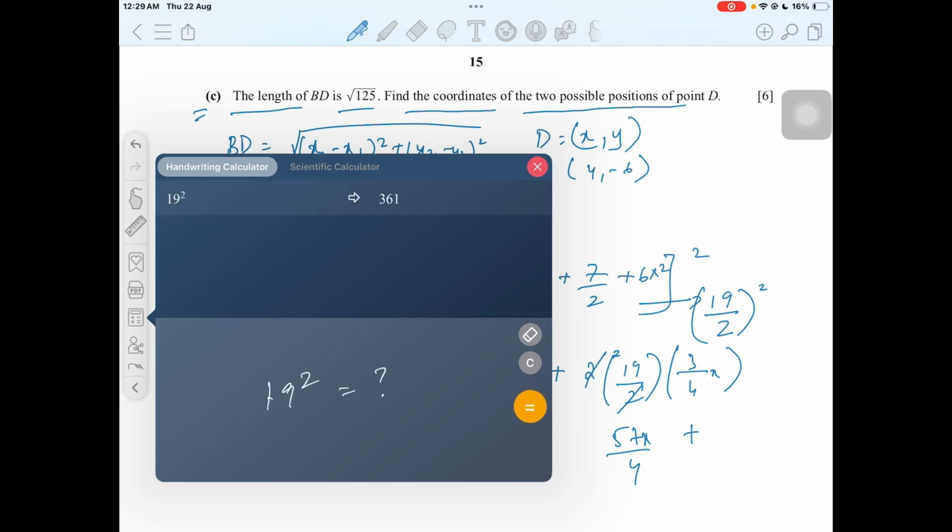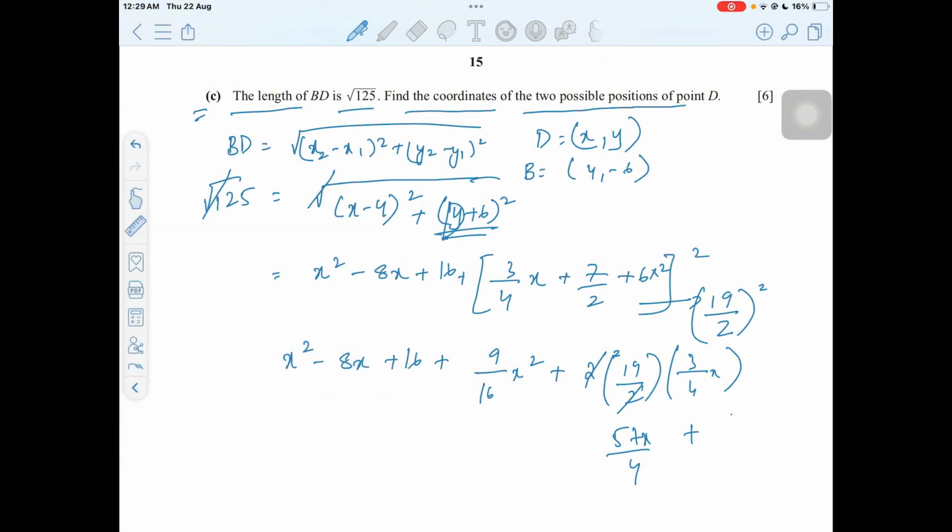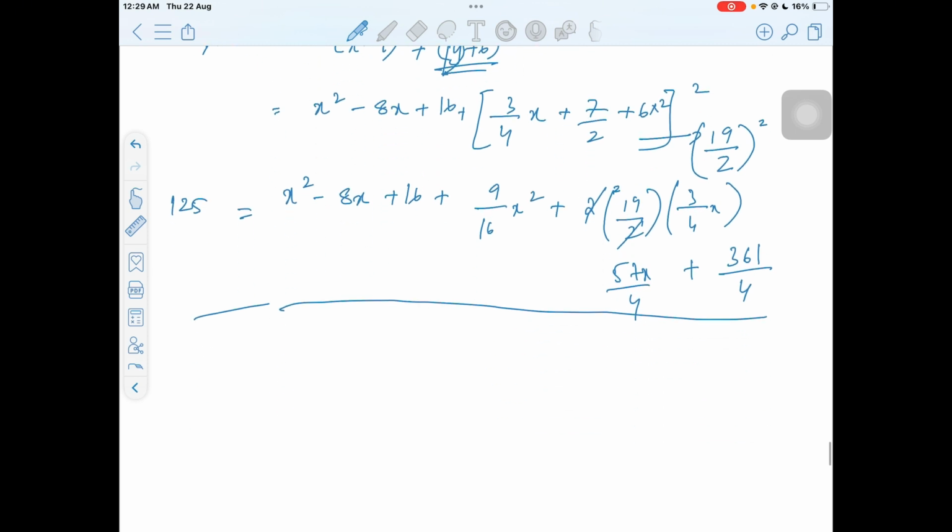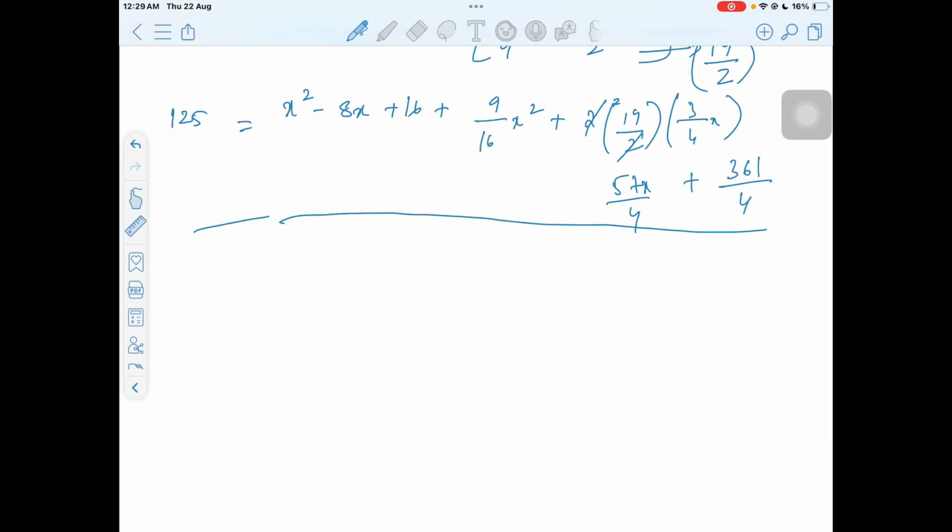I hope this works. This is 361, 361 over 4. Now when we solve this whole equation, we get our final answer as 25x² plus 100x minus 300 equals 0.